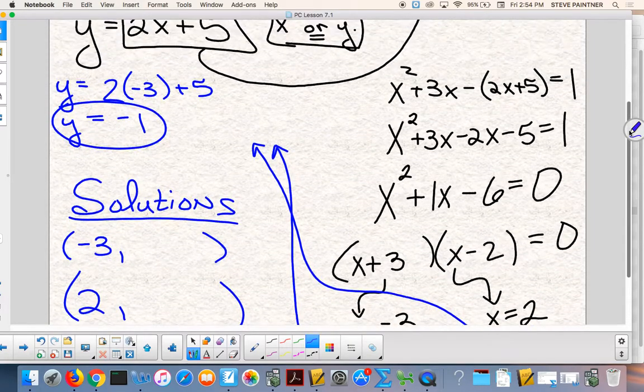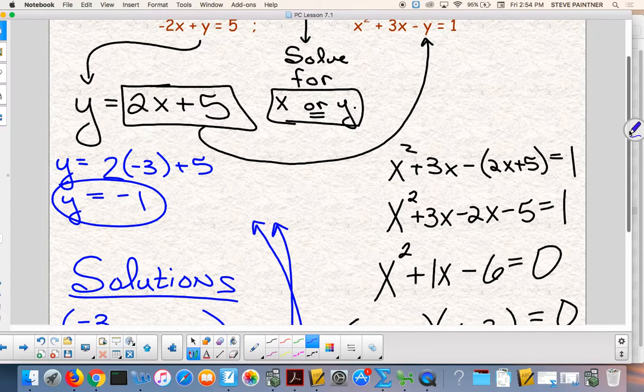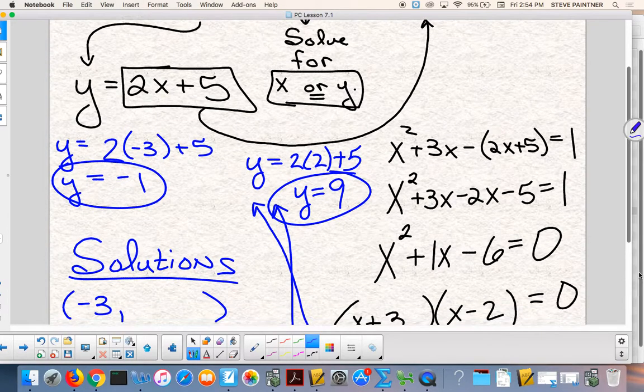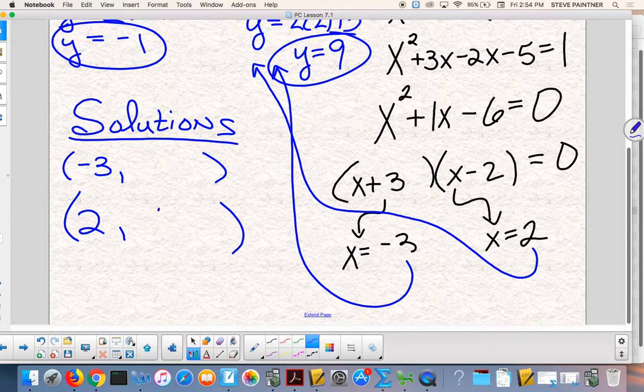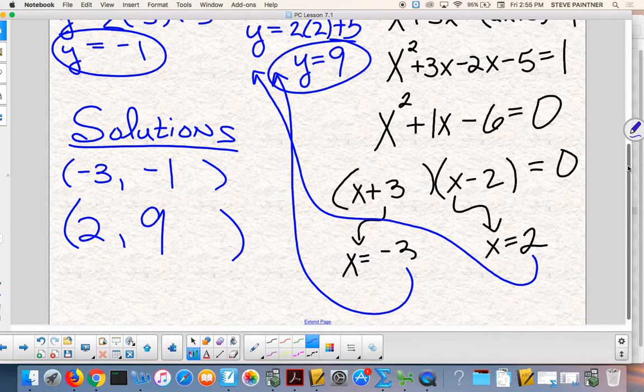So if you put that one in, the other y value is 2 times 2 plus 5, which is 9. Okay, you have x, you have y. We're almost done. 2, 9 is a solution, and negative 3, negative 1 is a solution. And there you go, guys. That is the substitution method.